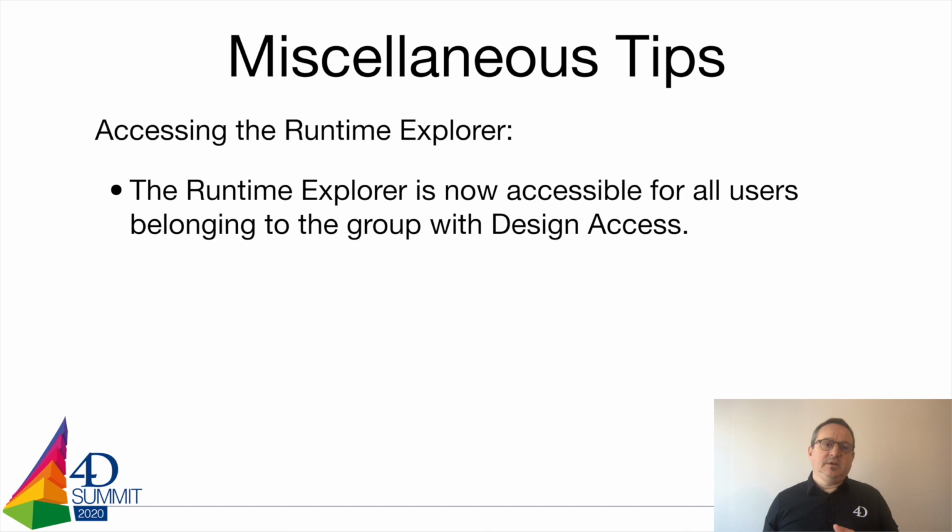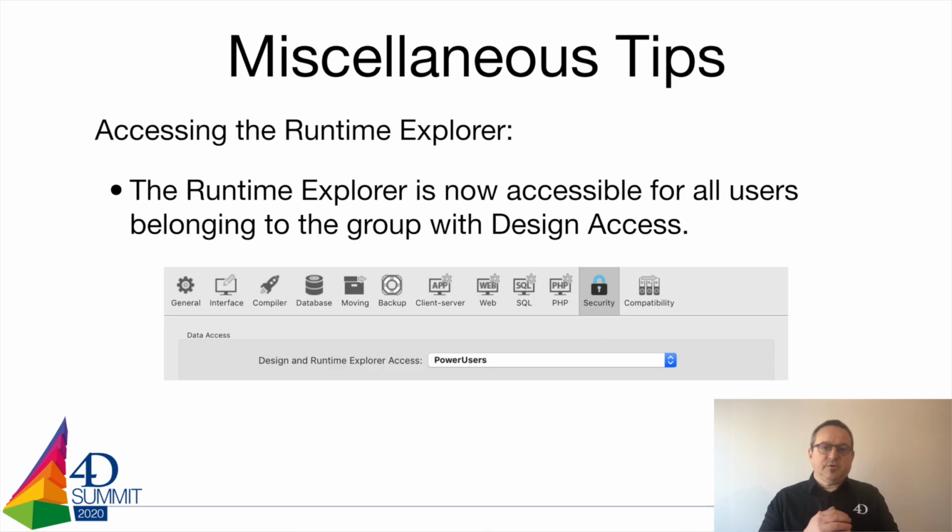So from V18, the Runtime Explorer is now accessible for all users belonging to the group with Access Design. So we have renamed the label Design Access to Design and Runtime Explorer Access. So if your user belongs to the group having access, it will have access on the deployed application.